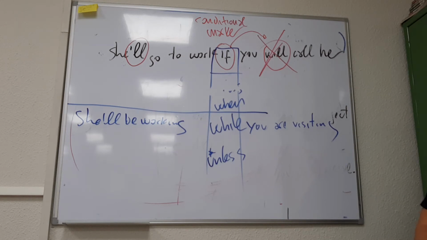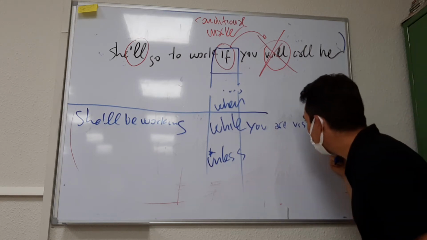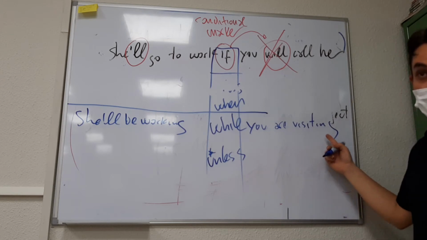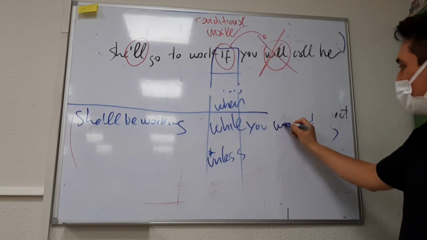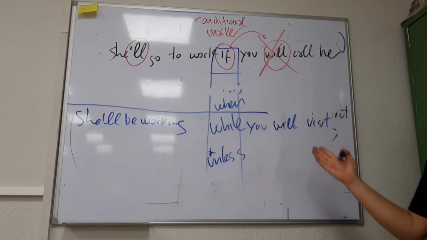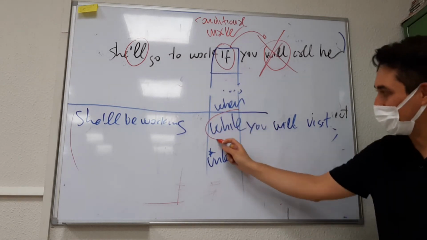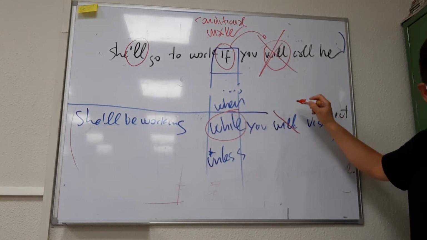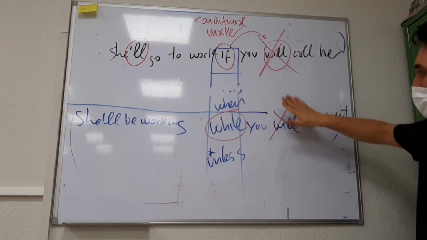Yes, it's correct. Is there any will here? Can you see any will? No, there's no will, so it's okay. So the mistake would be while you will visit. Is it correct? No, it isn't. Why? Because after a conditional marker, you can never use will. So instead of will, what can we use?